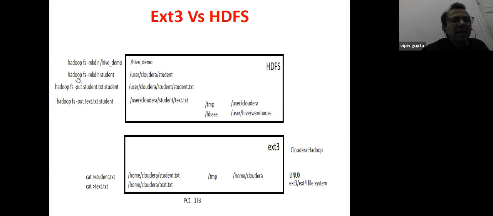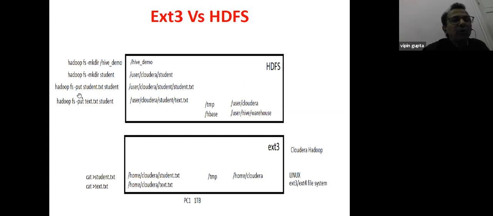So when I say please make directory student, it will create one directory in /user/cloudera. But if I am using the ext3 file system and I create a file, it creates it in /home/cloudera. So there is a little bit of difference. In a traditional file system, your home directory is /home/cloudera, but in HDFS the default directory is /user/cloudera.